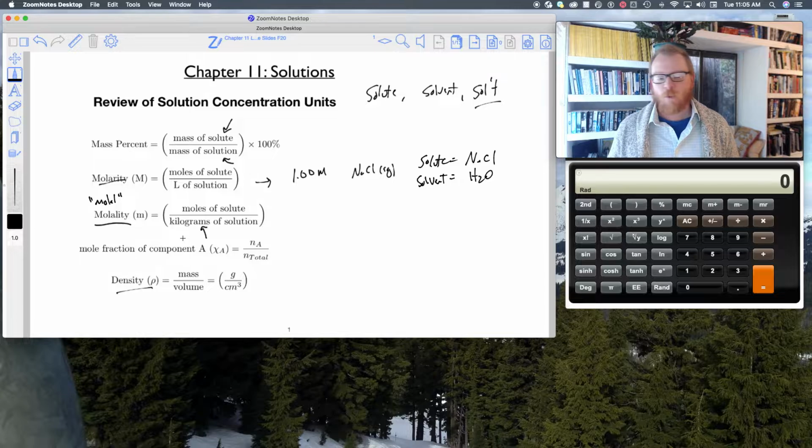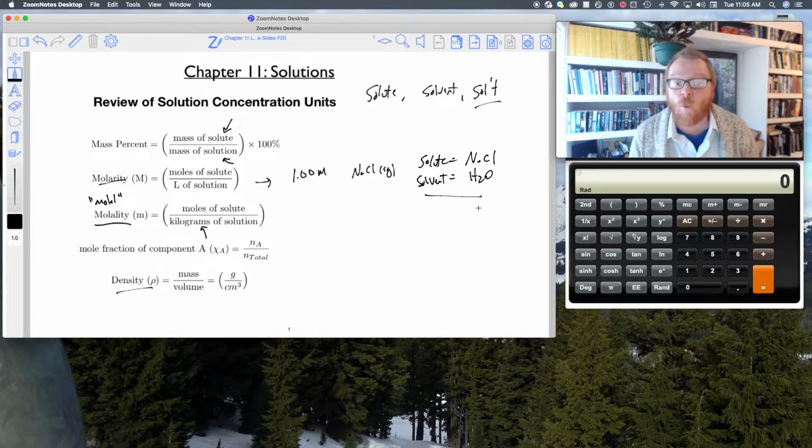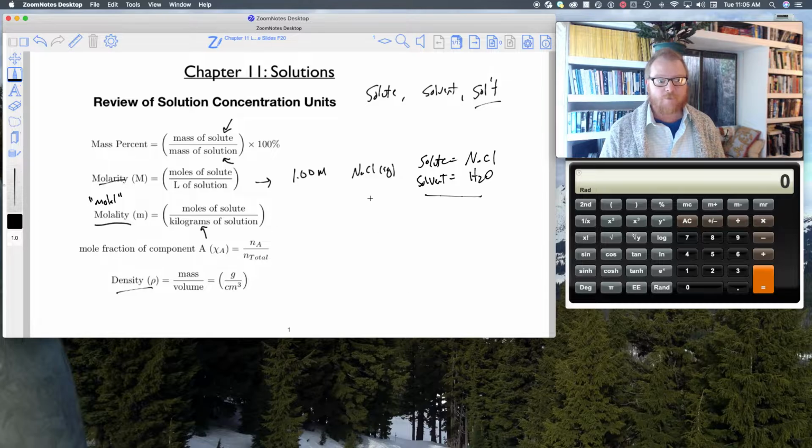We would ask what's the molality, or how many molal is the solution? We would have to know the density of this NaCl solution. So it's not the density of the solvent water, it's going to be the density of the sodium chloride solution. So suppose that density, the Greek letter rho, for the NaCl solution, is 1.02 gram per cubic centimeter.